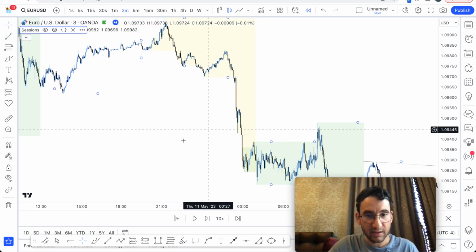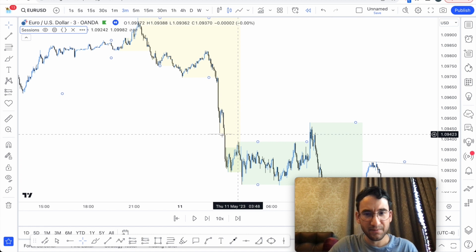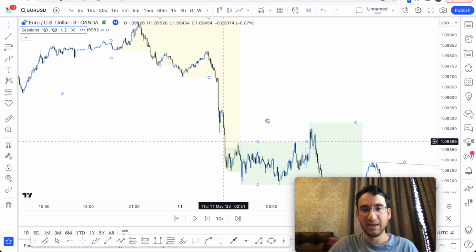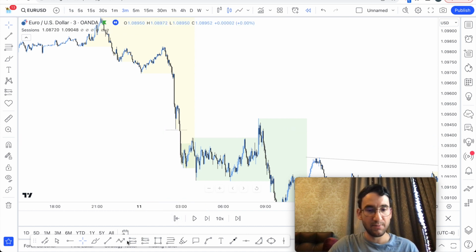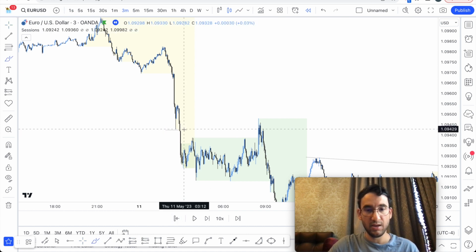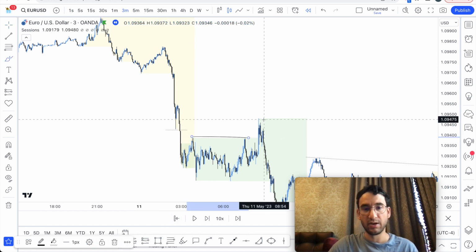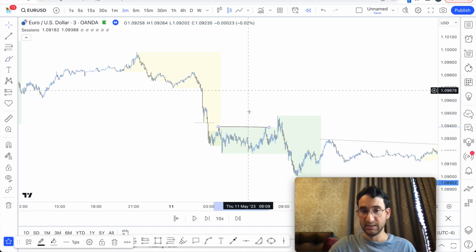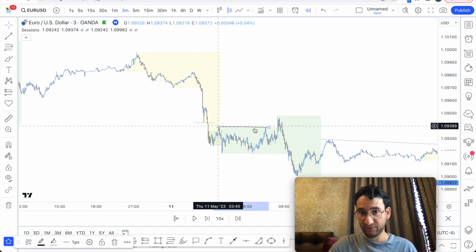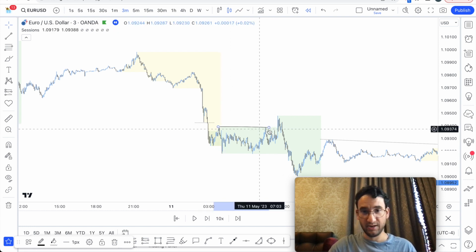That would be considered the Asia low. So the Asia low is swept. In this opportunity, you would get an entry based on the liquidity here. Because we're seeing everything going bearish, this would have been an entry after the London liquidity was swept over here.